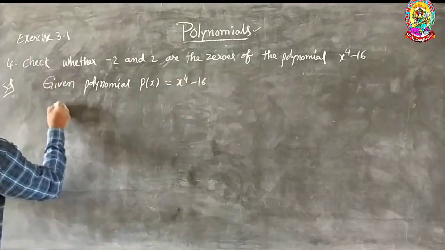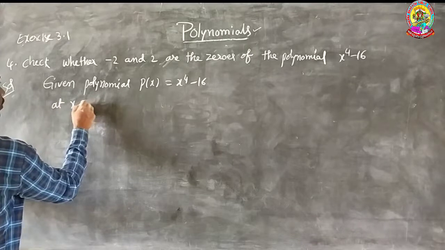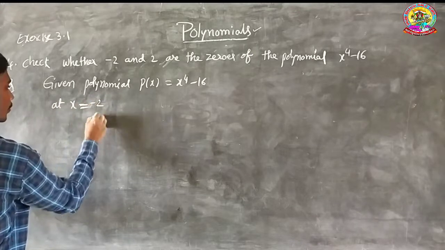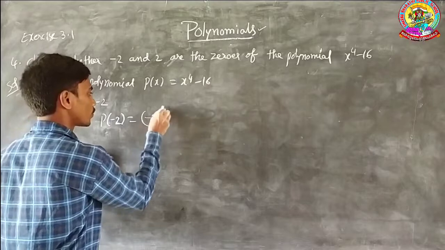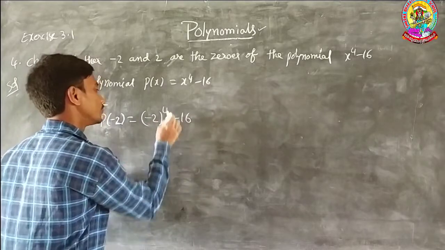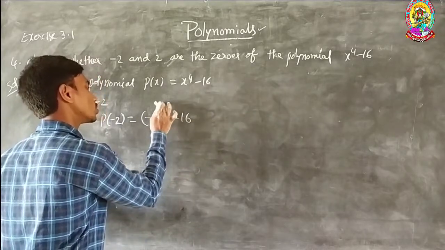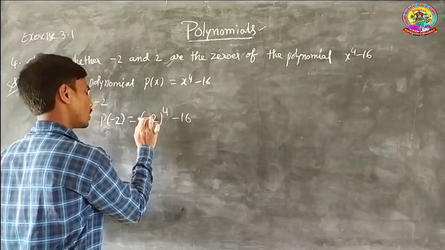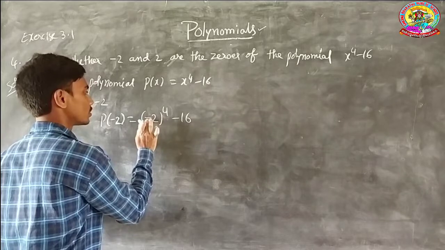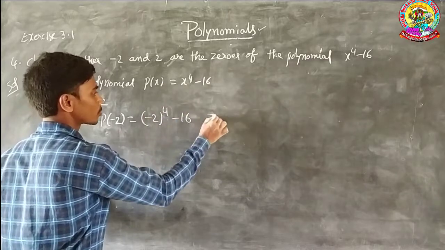You are checking at x is equal to -2, what will happen? P of -2 is equal to -2 to the power of 4 minus 16. If the power of any number is an even number, whether that number is positive or negative, the value becomes positive.